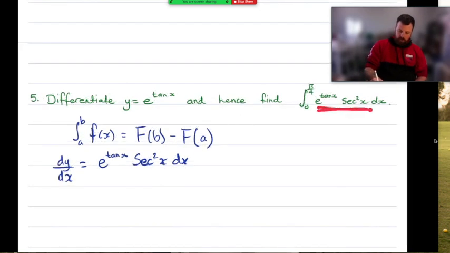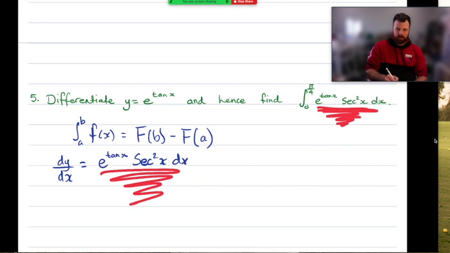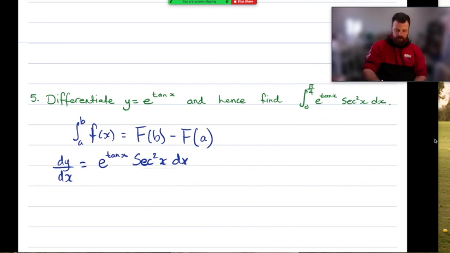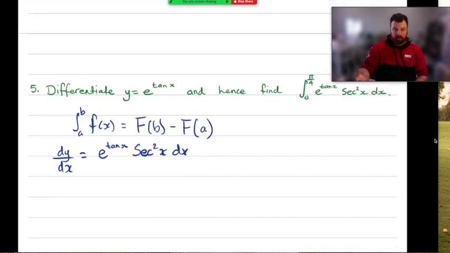Because these two are identical, the primitive of our integral is just e to the power of tan of x. And that's what we're going to use now to evaluate. We know what the primitive is, we've just got to evaluate it at the points b and a.